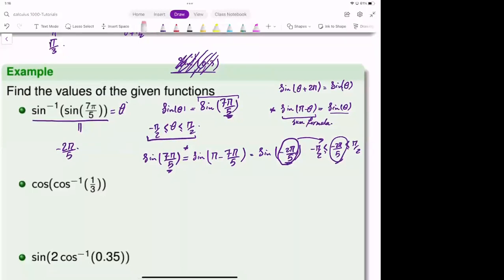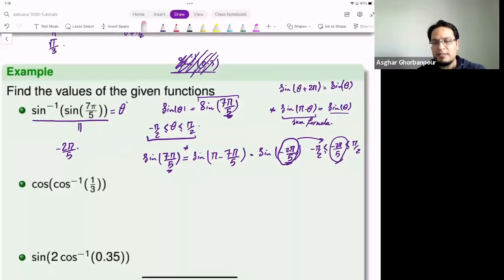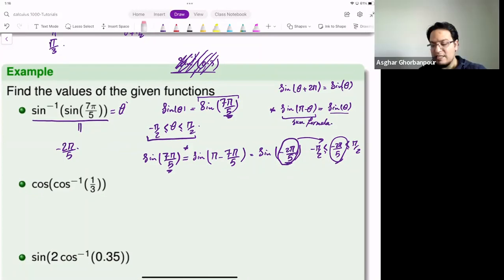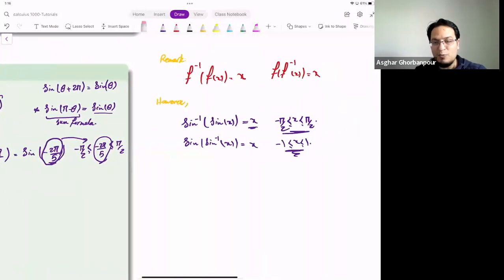Professor? How about this one? Are there any questions, any comments? Could we do an example where the x isn't in the interval? If x is not in the interval negative 1 to 1, this doesn't make sense. You see, we cannot plug in sine inverse of 10. It doesn't make sense.